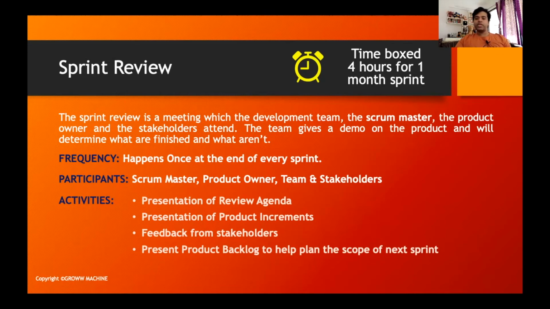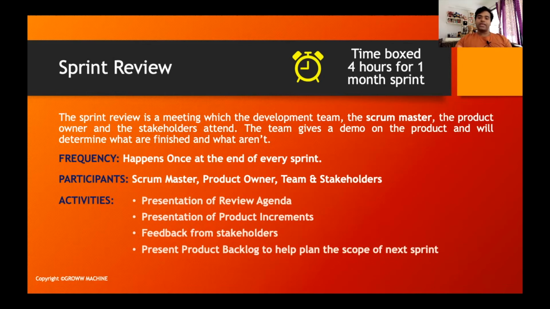So the team gives a demo of the product, and then at the end, based on the stakeholders' feedback, they will assess which items are to be closed, or whether any items are yet to be kept open and have to be moved to the backlog again, so that you can pick them up maybe in the next sprint or the subsequent one.